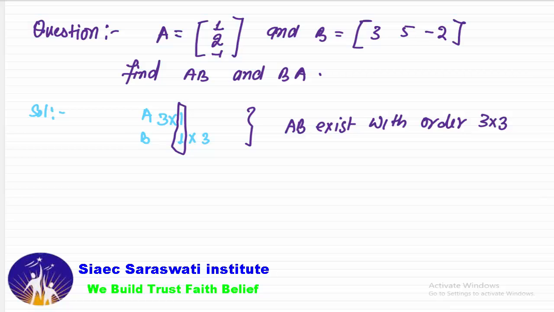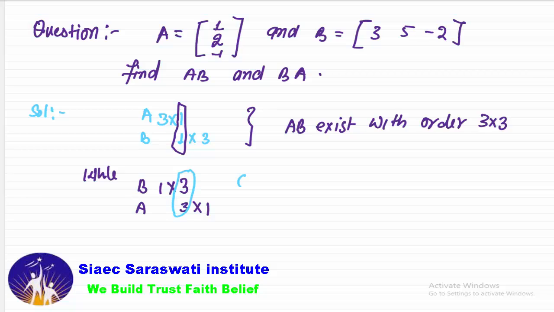And while B into A is 1 into 3 and matrix A is 3 into 1, again the condition is satisfied.